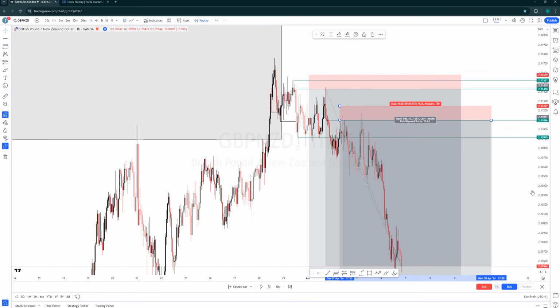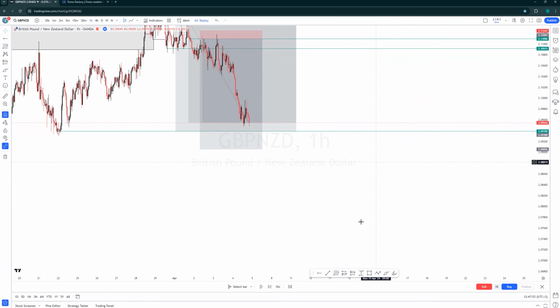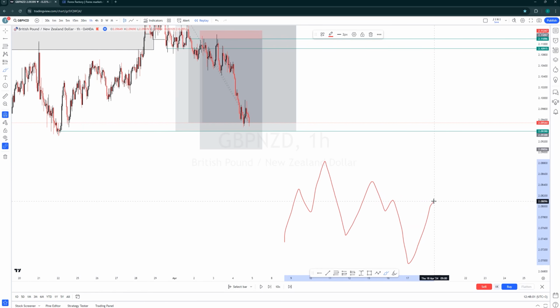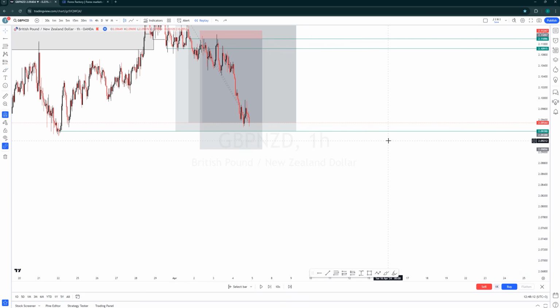Then we also had that sell again, because we already have this change of character with the break of market structure. So this is the second break of market structure with the formation. We do the same thing, so you can just take that point and then go again. That's the cycle.